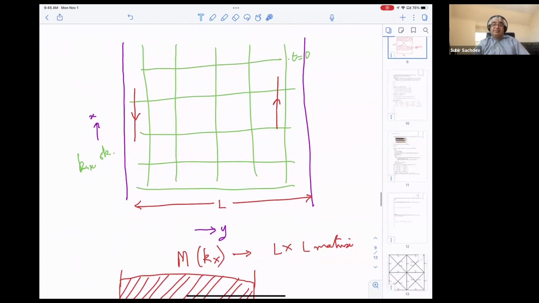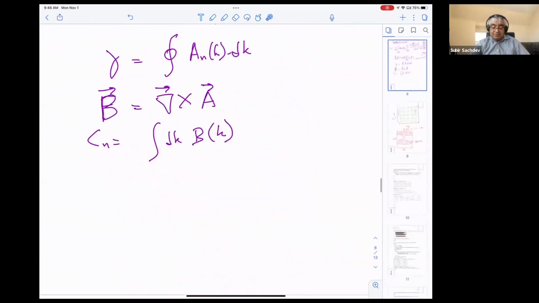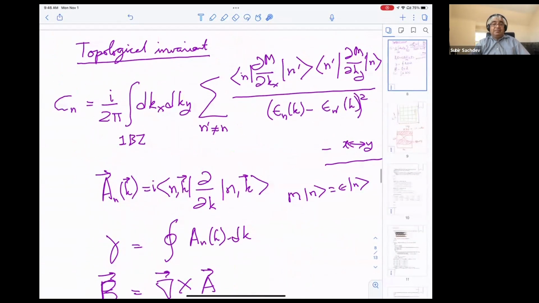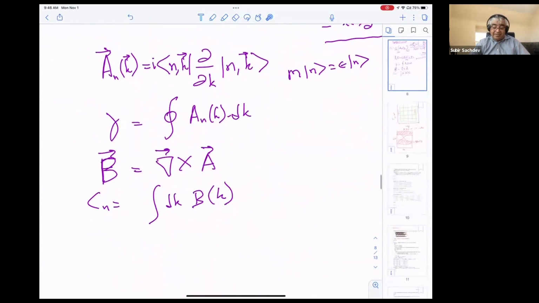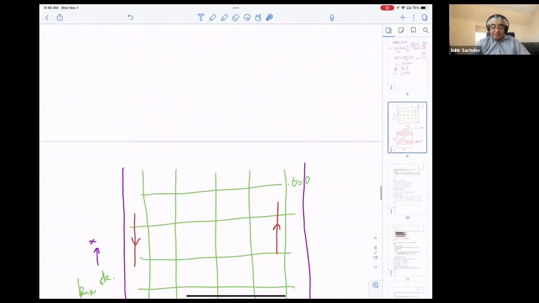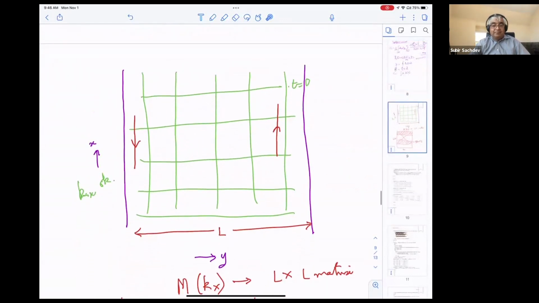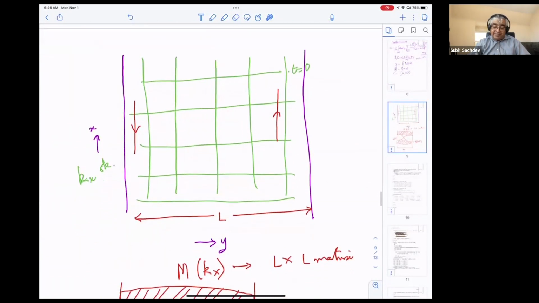So why do these states appear? Our general argument is the following, and it just follows from the existence of this topological invariant. I told you that there's an invariant defined in any sample, which doesn't change unless the bands close. I can imagine this is a very, very big lattice, and in this big region the invariant is very well defined.